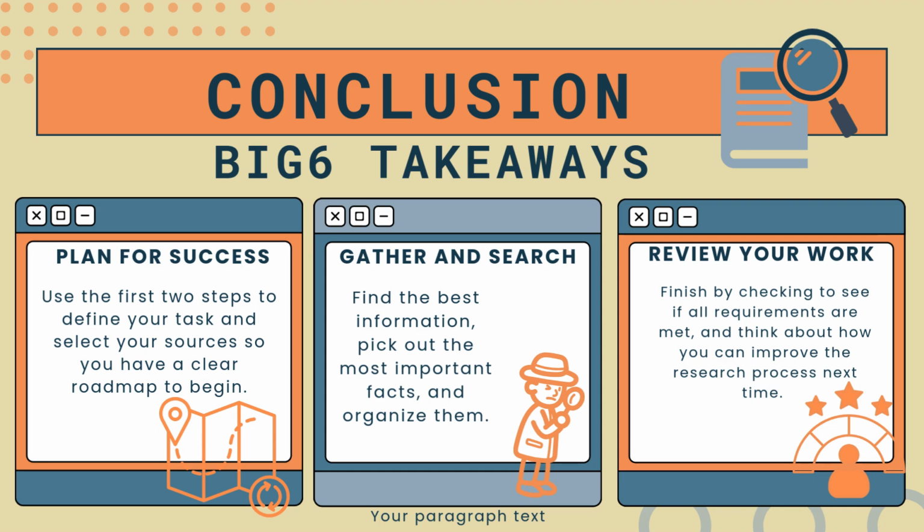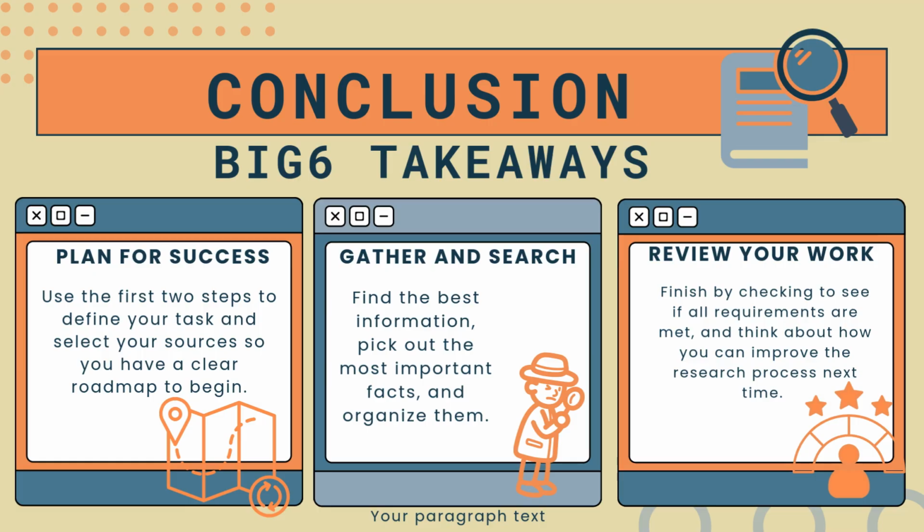Okay, finally, we're at the end of our lesson here, and I want you to remember these important things about the Big 6. You are going to plan for success. Use these first 2 steps to define your task and select your sources so you have a clear roadmap to begin.